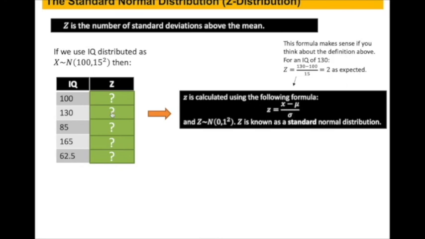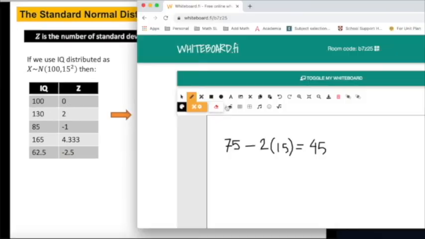If we look at 130, that's equal to 2. Well, that makes sense because the mean is 100 and standard deviation is 15. 130 is 2 standard deviations away from the mean. 2 times 15 is 30, and 30 plus 100 is 130. And for all of these values, the z-score can be calculated.